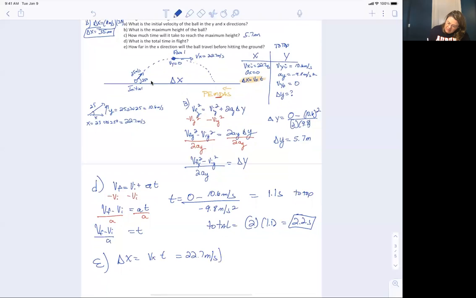And now I need the total time that's in flight, 2.2 seconds. And I get 49.94. You can call it 49.9 meters.